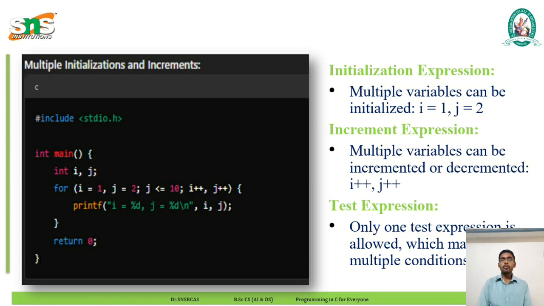If you want to use more than one variable, you are supposed to use logical operators or relational operators. In the increment part, two variables, i and j, are incremented by 1. And there is a printf statement as usual, as we know. In this example only one test expression is available.